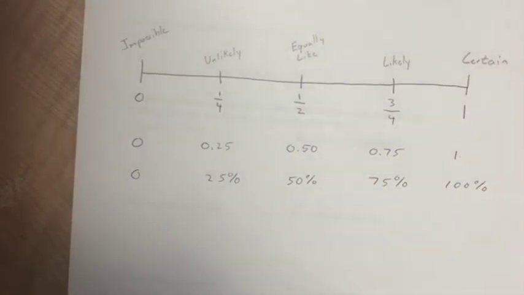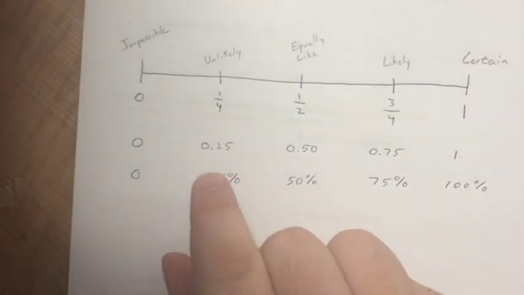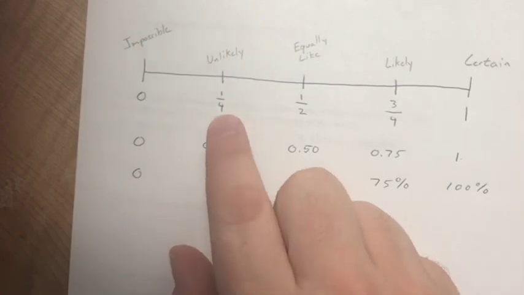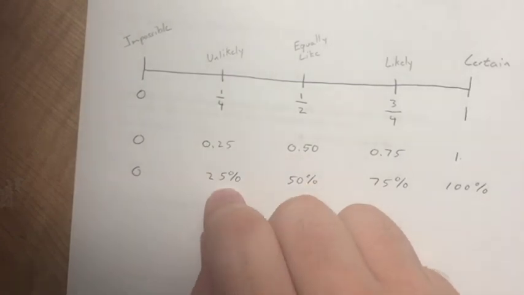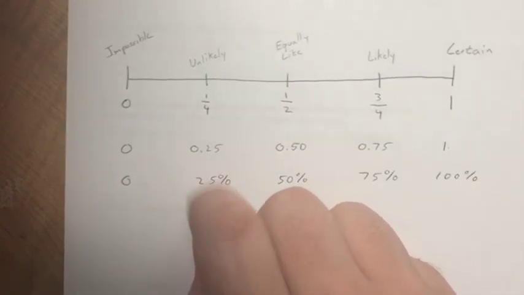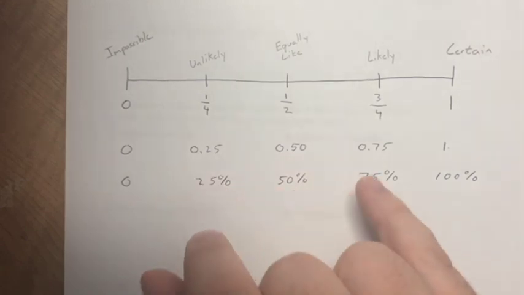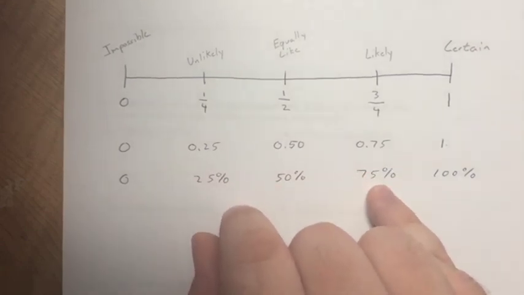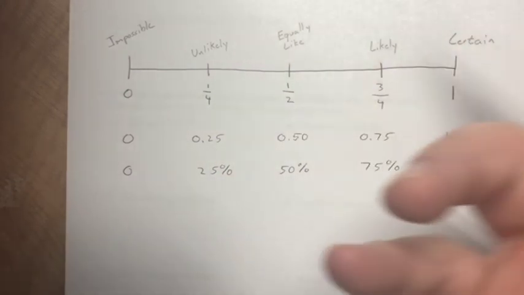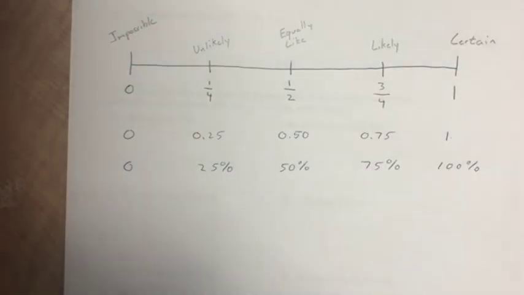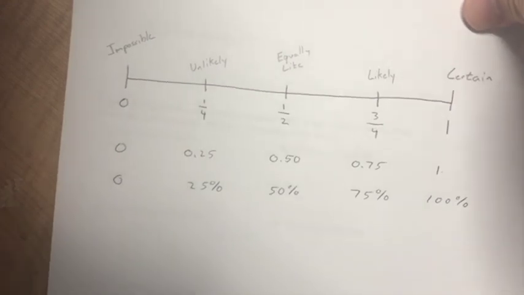So generally speaking, if you have a percentage around 25%, it's more than likely not going to happen. Whereas if you have something that's around 75% chance, it's likely going to happen, just like we understand with rain. It's pretty straightforward, nothing really complicated.